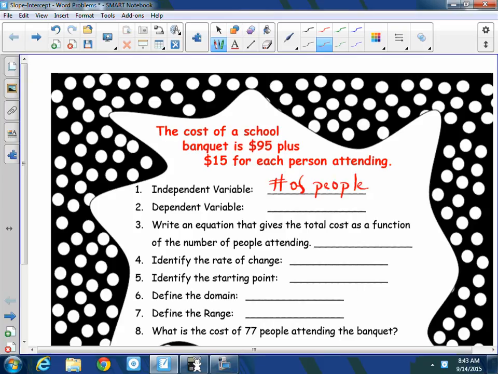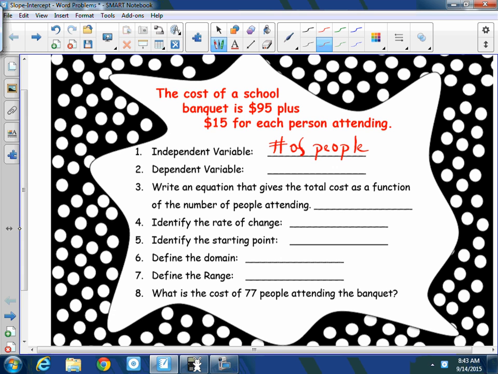All right. What would be my dependent variable? The cost. Very good. Which means what's your x? What is your x? Which is what?